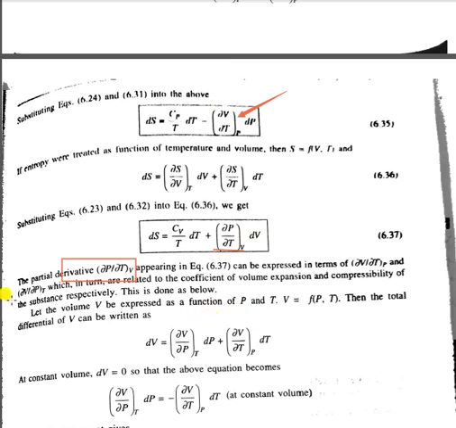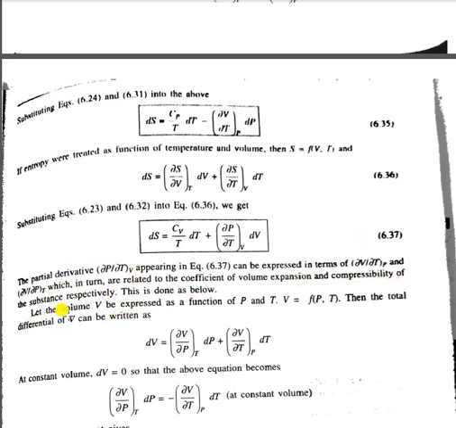And del V by del P at T, del V by del T at P, in terms of which are related to the coefficient of volume expansion and compressibility of the substance respectively, okay.